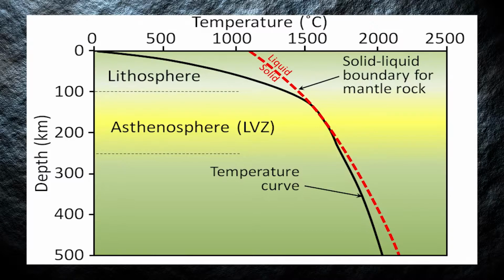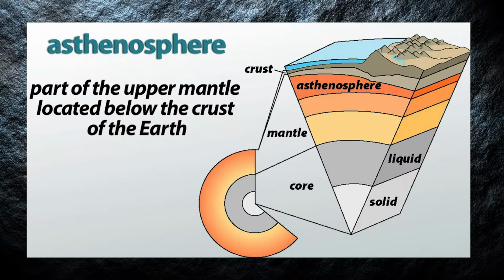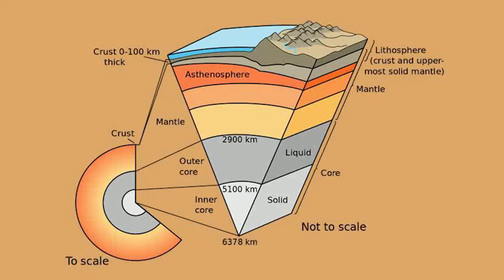It is known that melts of basaltic composition are generated in the low velocity zone, also called the asthenosphere, which is nearly 70 km under the oceanic crust and nearly 180 km under the continental crust.